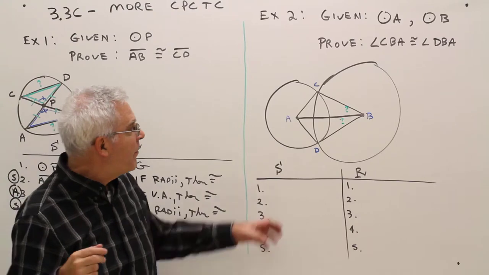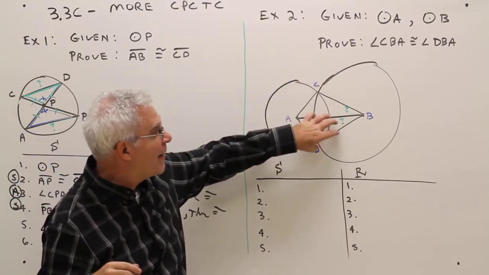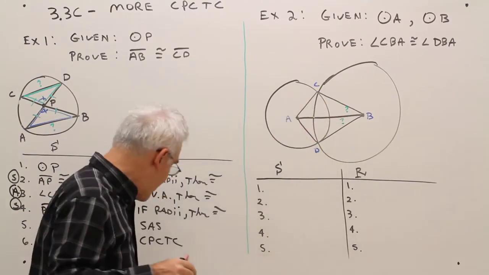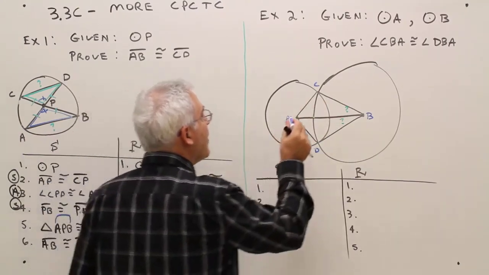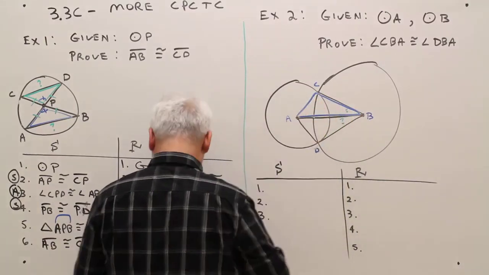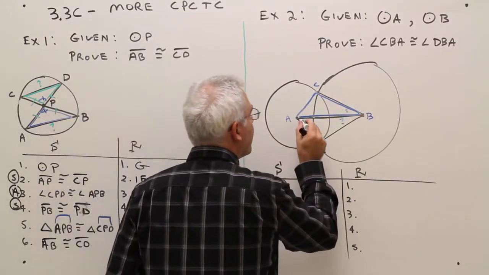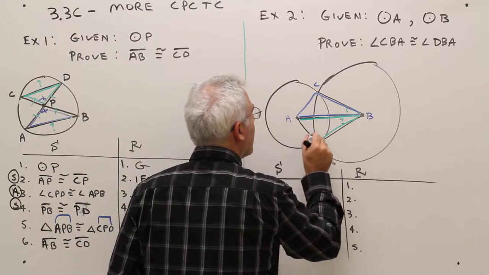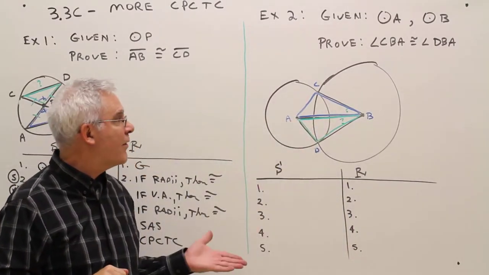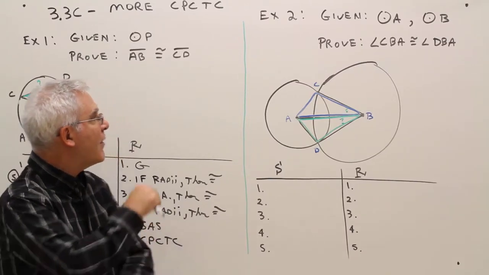Oh, right away I'm seeing a top triangle and a bottom triangle. Get those triangles congruent, then get the parts congruent. Again, if you're a visual person, we'll go in different colors here. So I want to get blue triangle congruent to green triangle. All right, let's see how I can do that.